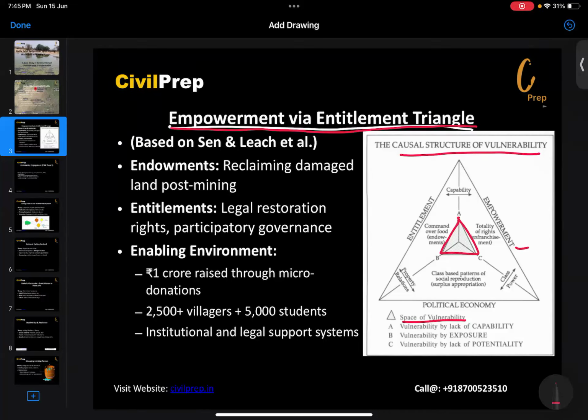The third part we'll be seeing here is the political economic situation. When we talk about the political economic situation, one important aspect is the political structure of that area. For example, in a region there might be tribal people living, people of a certain dominant community, and people of a minor community also living.